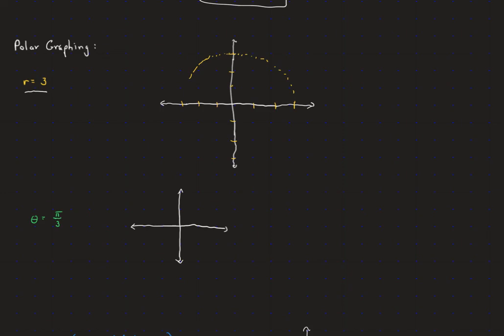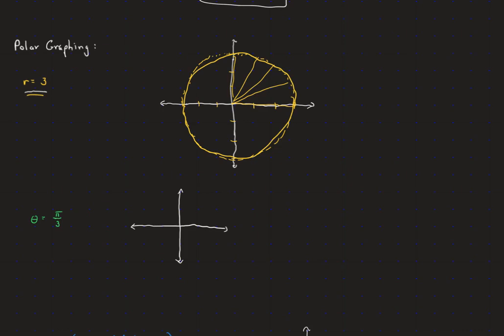So here is theta equals 0, pi over 6, pi over 4, pi over 3, pi over 2, but r is always going to be 3. That distance from the pole is always going to be 3. What we get is a circle. So it's a circle of radius 3. That's what the graph of r equals 3 looks like.